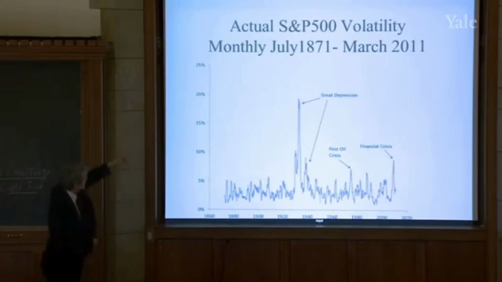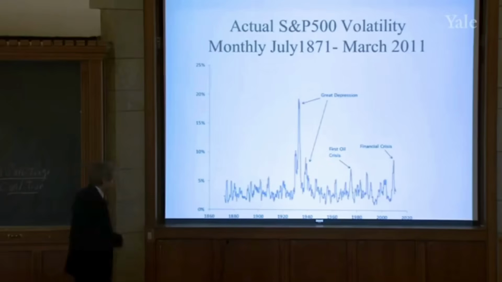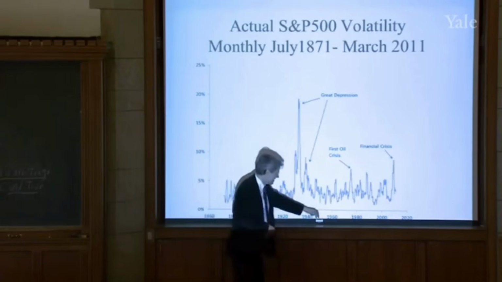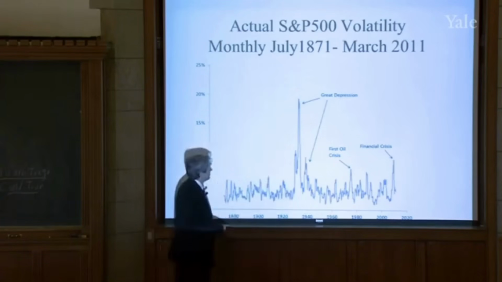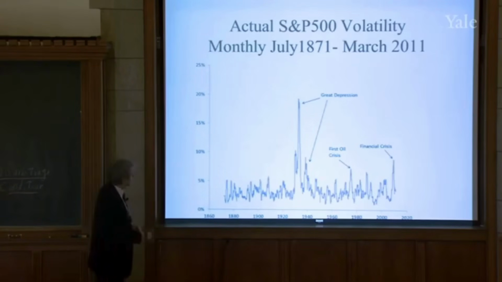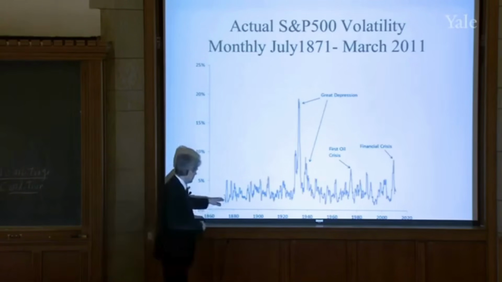Well, in my chart title, I said S&P 500. The Standard & Poor's 500 stock price index technically starts in 1957, but I've got what they call the Standard & Poor's composite back to 1871.